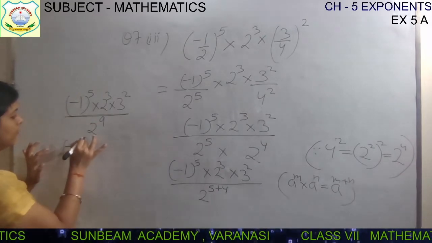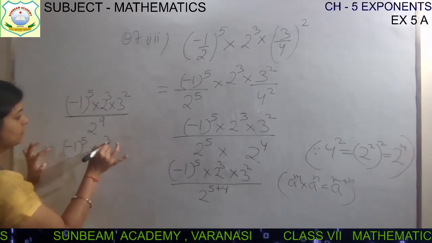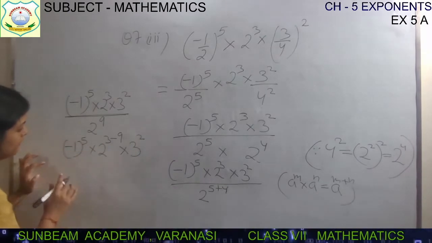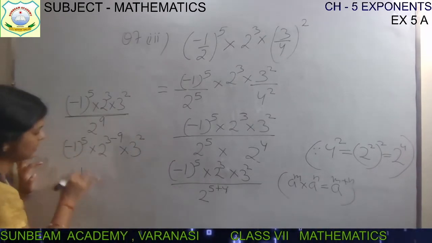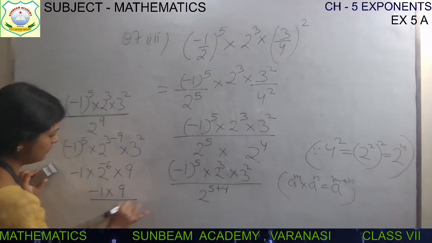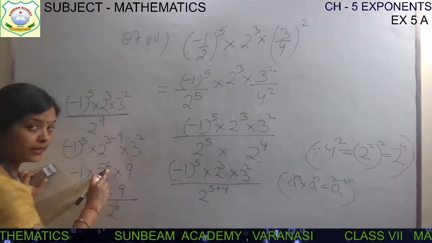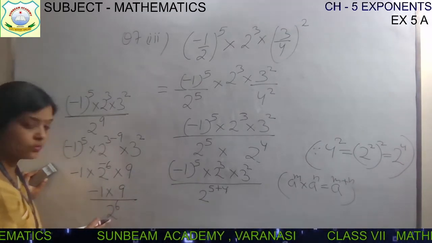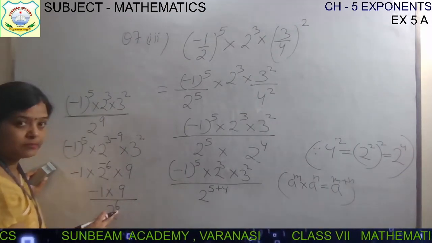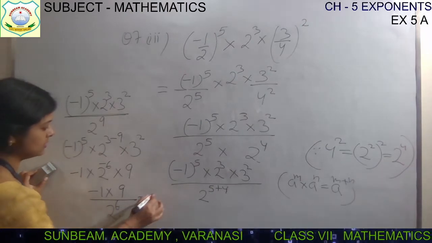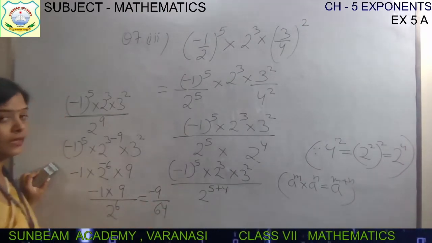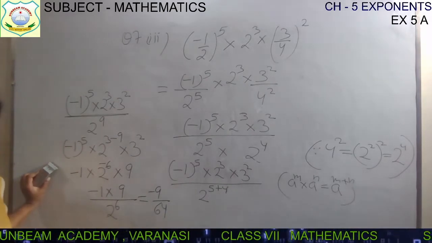Minus 1 to the power 5 into 2 to the power 3 minus 9 into 3 squared. So minus 1 to the power 5, opening this, son, this will be minus 1, okay? Into 2 to the power minus 6 into 9, upon 2 to the power 6. To convert the negative into positive, it has been done like this. Here the power is negative, 2 to the power minus 6. Now it is positive, 2 to the power 6. So this is minus 9 upon 64. This is the answer, okay son? This is the final answer.